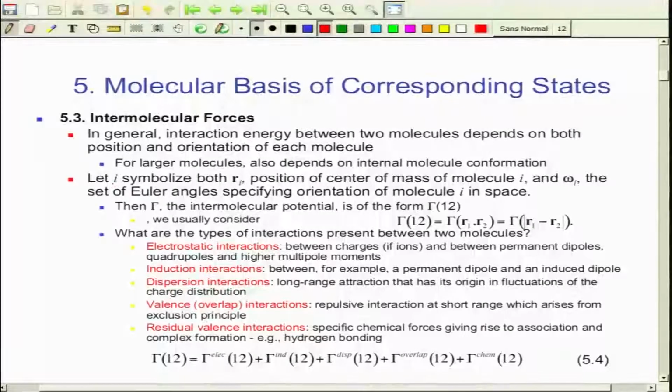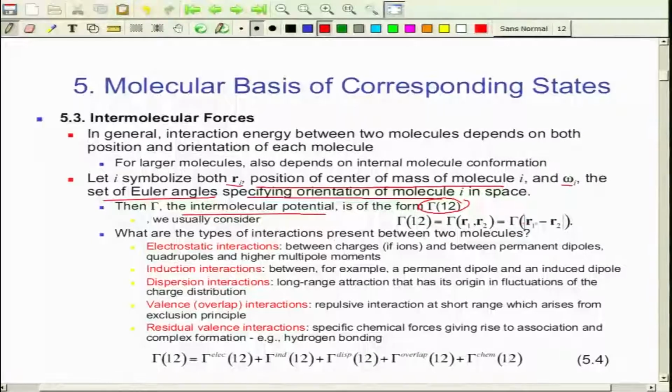So let me first define: let i symbolize both Ri, which is the position of the center of mass of the molecule, and Wi, the set of Euler angles specifying the orientation of molecule i in space. In that case we define the intermolecular potential between particles 1 and 2 as gamma 12, which is nothing but gamma of r1 comma r2, depending on the difference between these two positions in space.